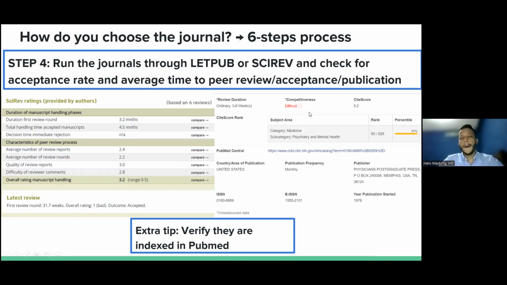LetPub also gives you a sense of how difficult it is to get accepted into that particular journal. It's very difficult to get accepted in the New England Journal of Medicine, but maybe not the case for Q4 or Q3 journals, which are kind of different. This kind of information also gets very handy when you're in the submission process.